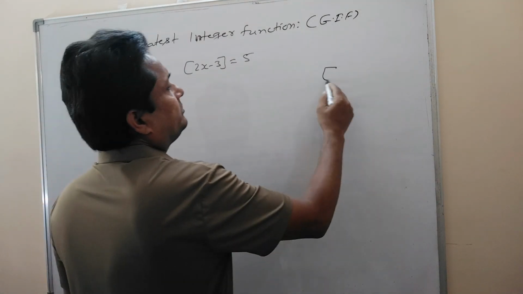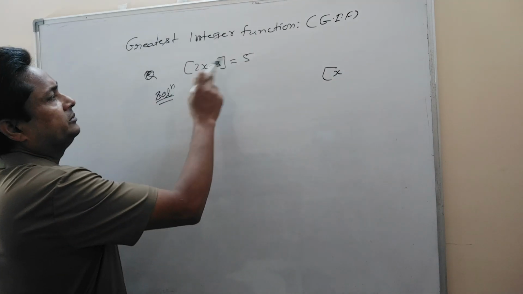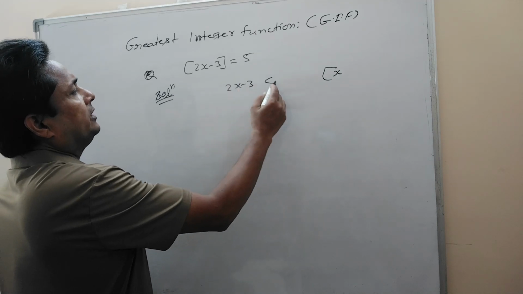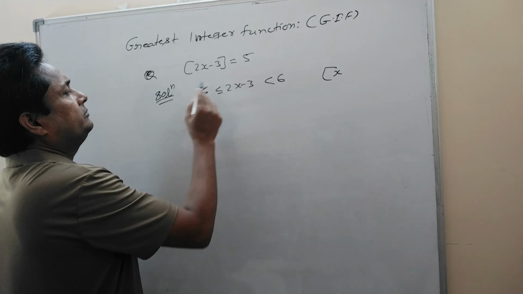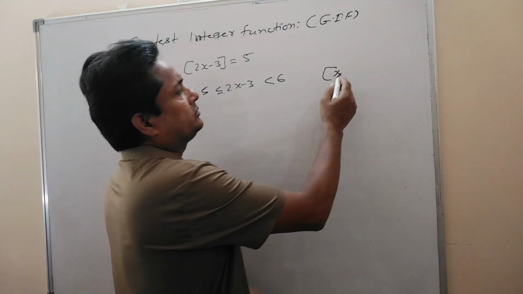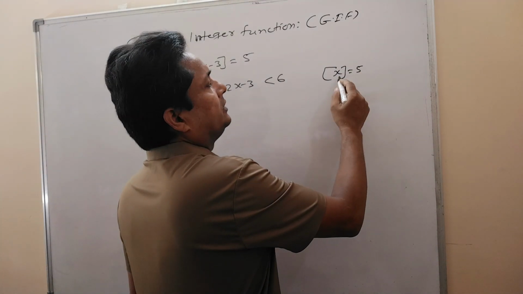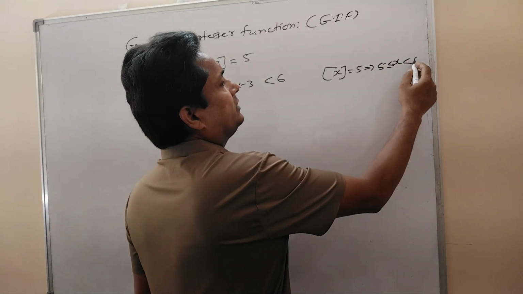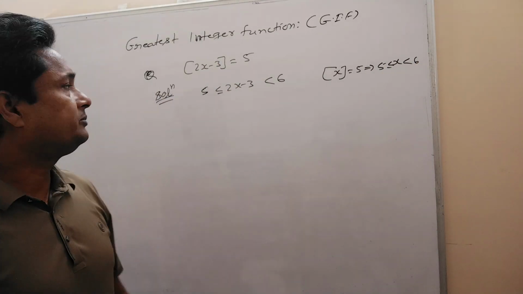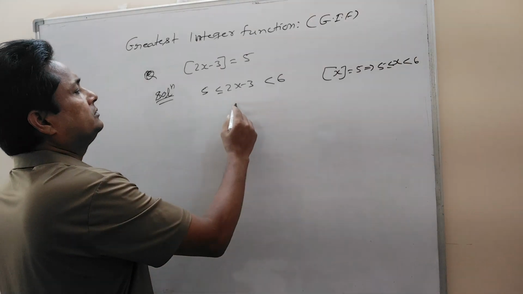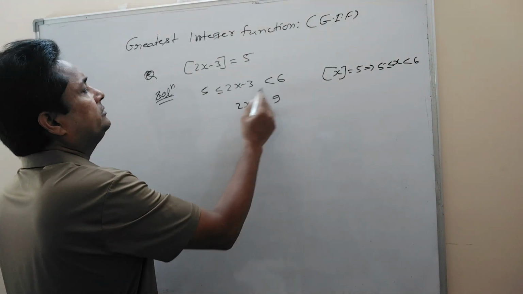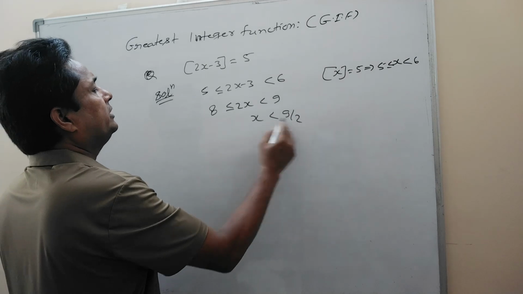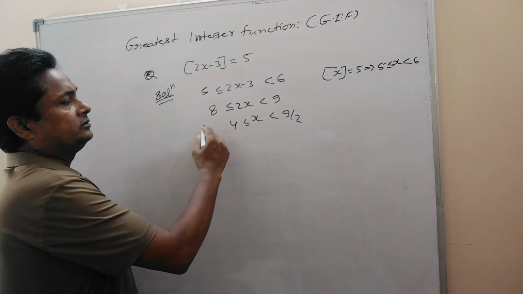By using the property, this can be written as 5 less than or equal to 2x minus 3 less than 6. If the greatest integer of x is 5, then x is greater than or equal to 5 and less than 6 by the property. Solve this one. So 2x is less than 9, and this will be 8. So x is less than 9 by 2 and greater than or equal to 4. So this is our answer.